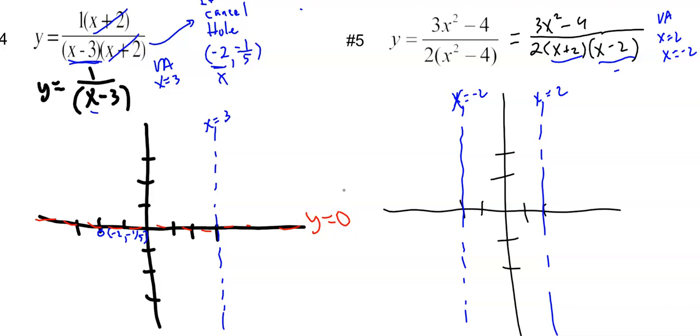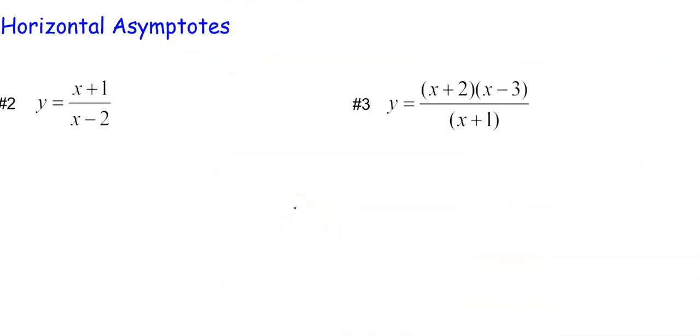And this one is same degree, so I'm going to divide the coefficients. So there's going to be a ha at y equals 3/2, which is 1.5. So right about here, at y equals 3/2 or 1.5 is my ha.